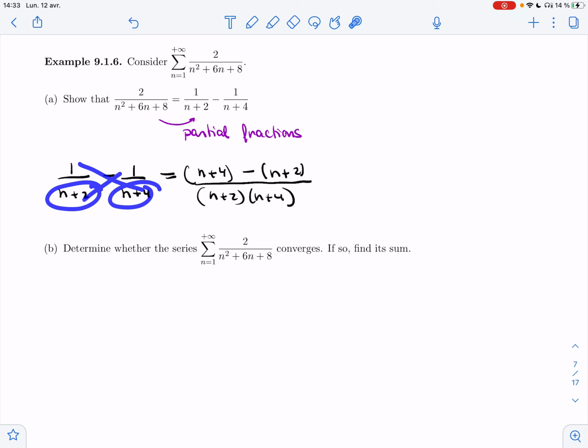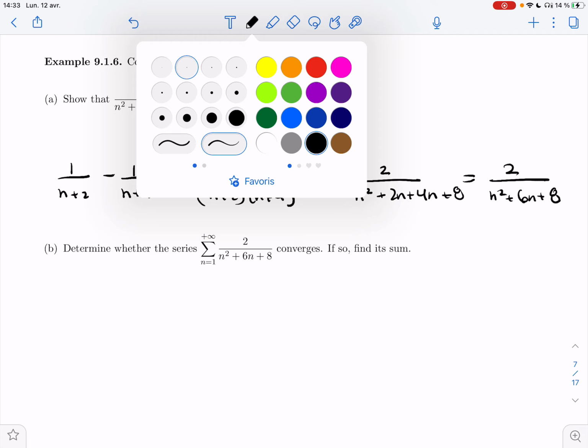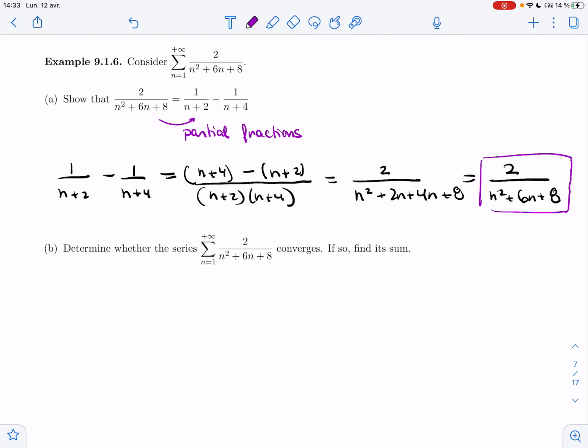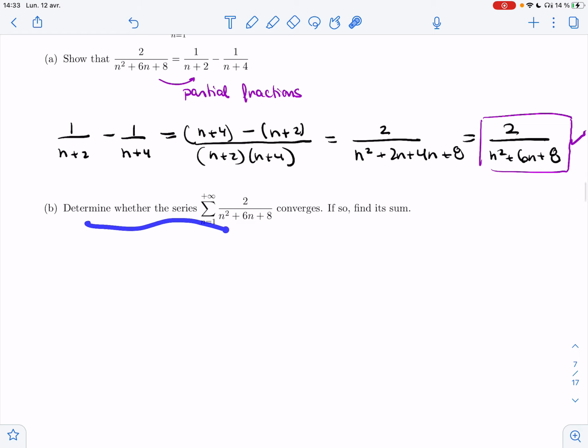Then I take the cross to get the top. The top cancels nicely, I have only 2. And then if I multiply the denominator, I get n squared plus 2n plus 4n plus 8, and I do get 6n plus 8. That's right.